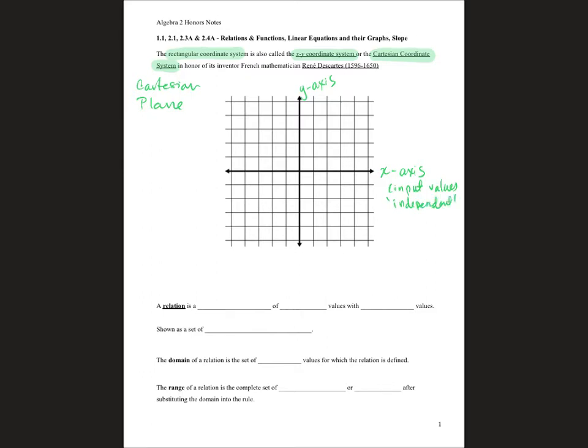And we're going to do some rule to those x values, and we're going to get what is known as our output values. So they are dependent on what we do to the x values. So x is independent, input, y is dependent, output. So those are the two axes that you should be familiar with.